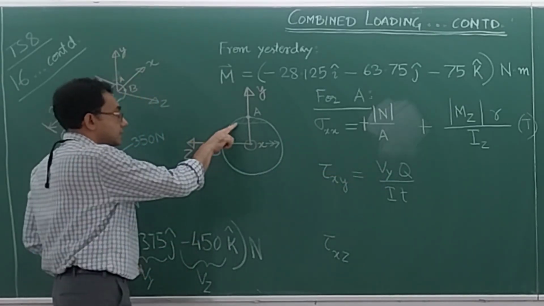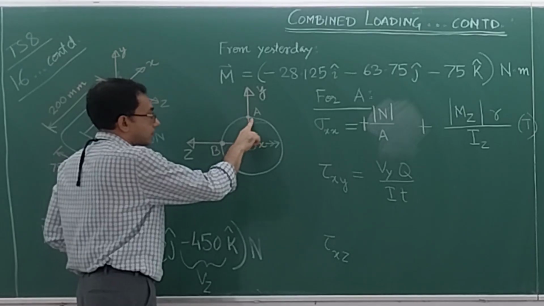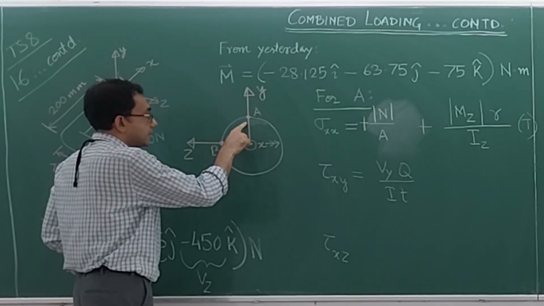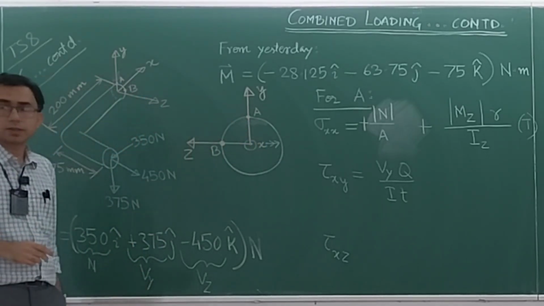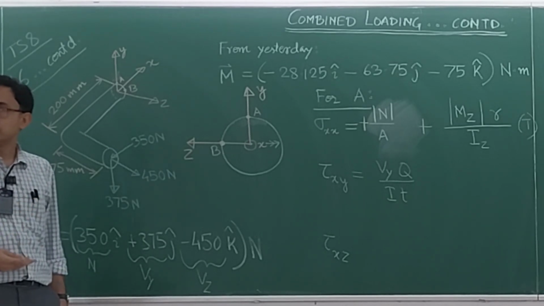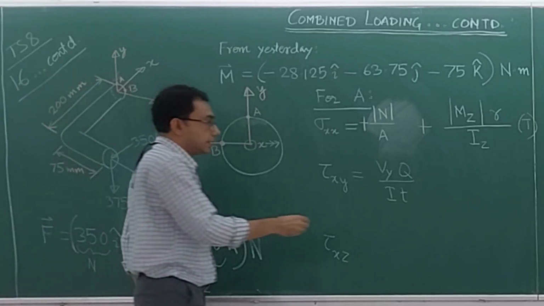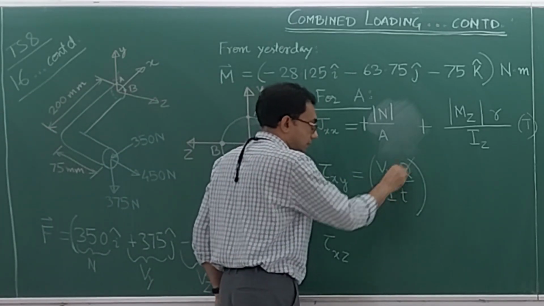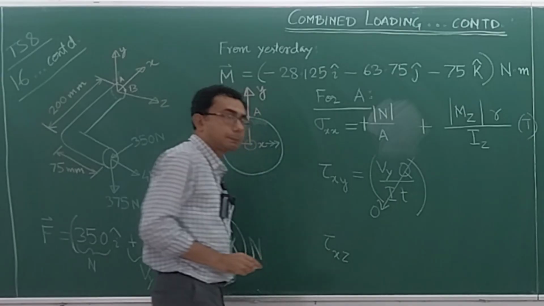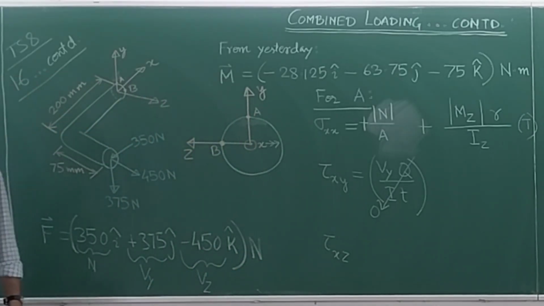But now this is not the situation. We are not sitting inside, we are sitting at the edge of the cross section. So there the Q is actually 0. So here this entire thing is actually 0. So the contribution to the tau xy because of the transverse shear is actually 0.